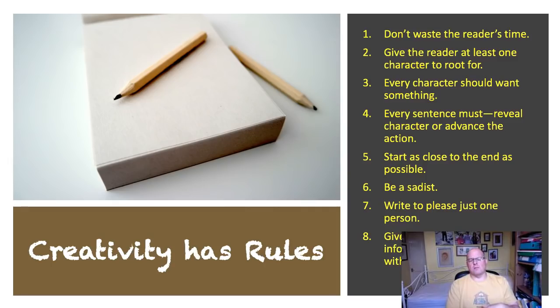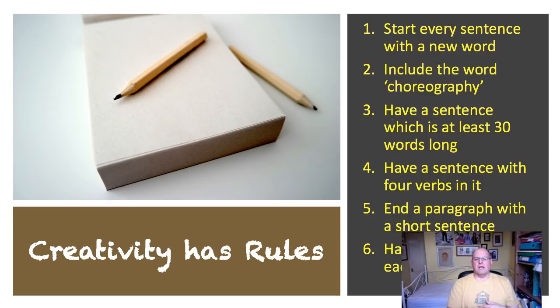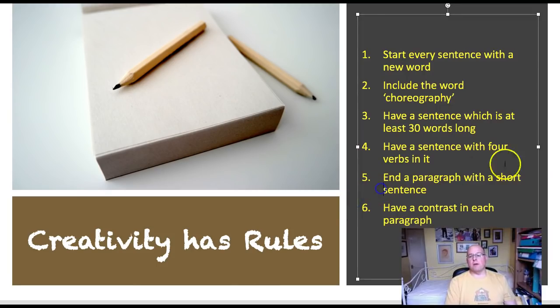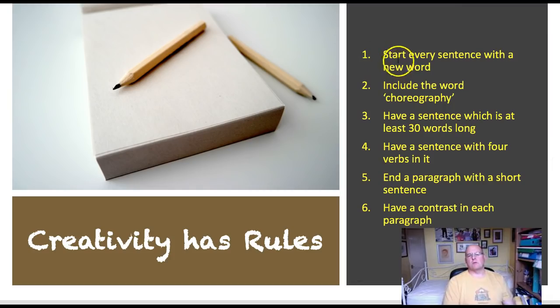If you take a look at this screen, don't worry about reading it. Here's 8 rules that my favourite writer of all time uses. That's Kurt Vonnegut. And here are 6 rules that I use with my classes. And I should probably make a separate video on these actually, but if you go back over the story and the description, you'll see I start every sentence with a different word where possible.